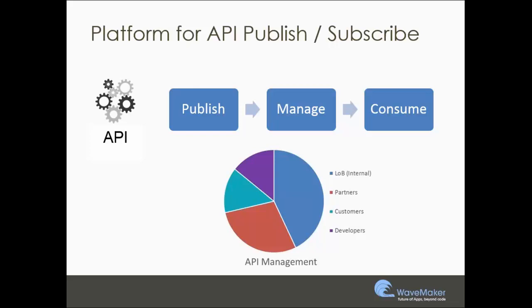They could be internal stakeholders like line of business applications, or a variety of external stakeholders, be it your partners, customers, and developers. So API management is the ability to allow enterprises to publish, manage, and consume their APIs in an operationally feasible manner and a business imperative manner. So let's talk more about API management now.